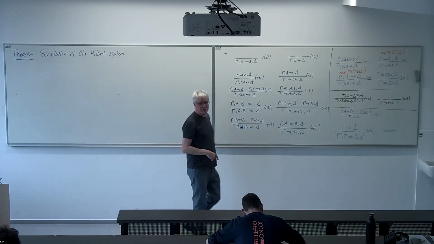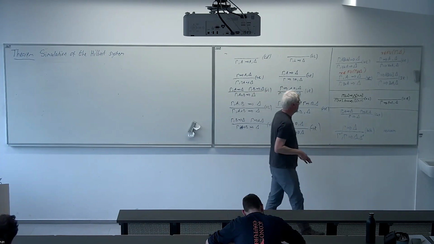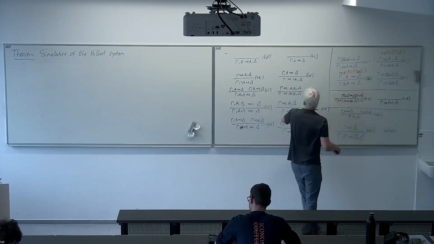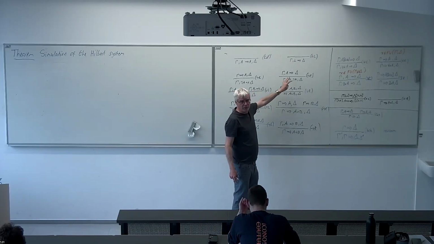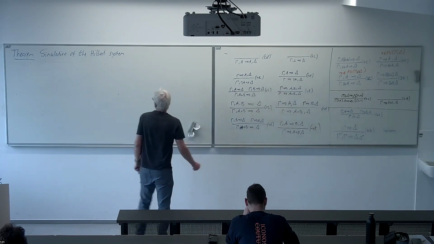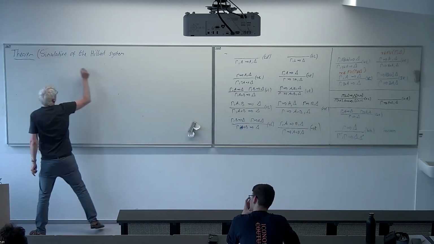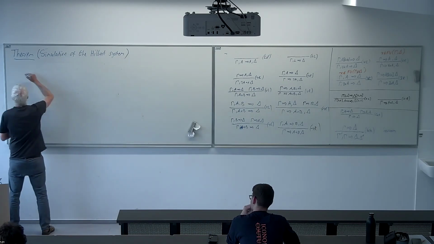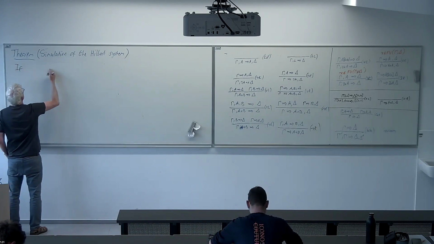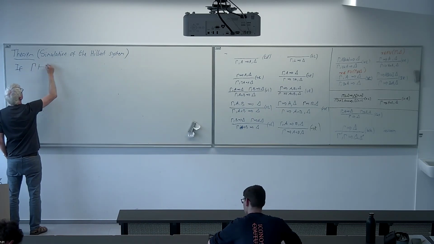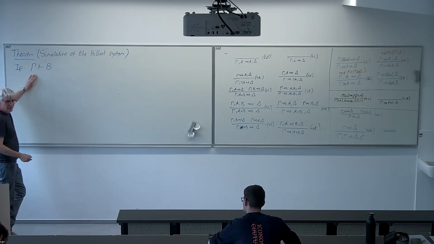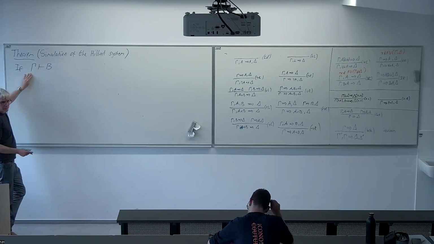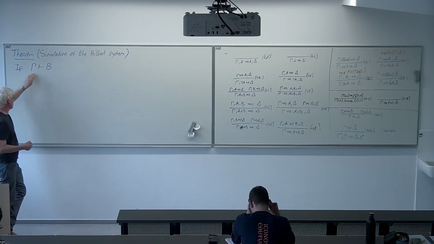Now the Hilbert system just involved for all, implies and false. So we're only going to need the rules for for all, implies and false. And the theorem says that if we can prove B from gamma in the Hilbert system, so we have the notation also for infinite sets here, but because we're dealing with sequents, which are finite things, I'm just going to talk about finite sets.